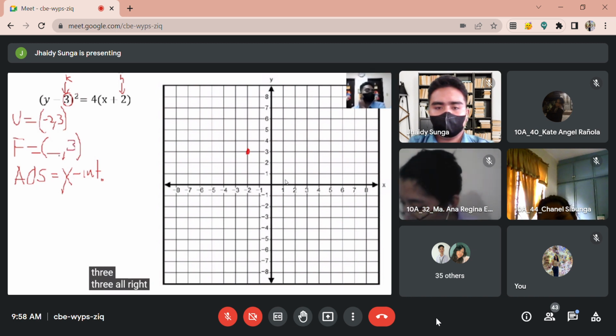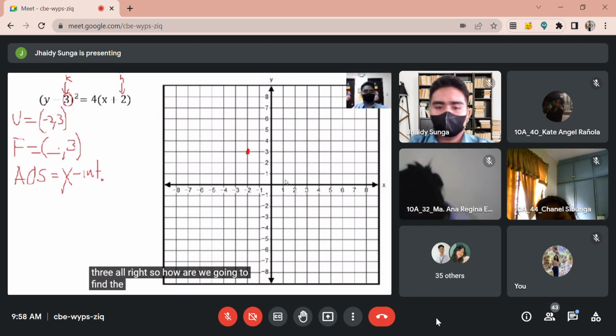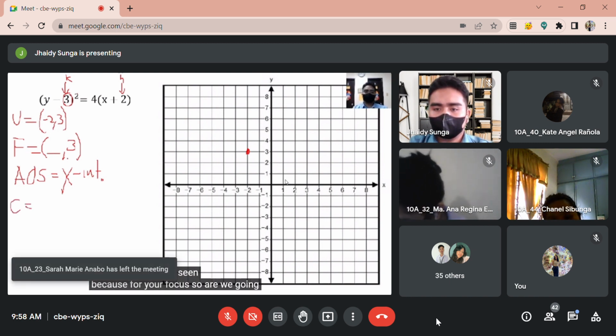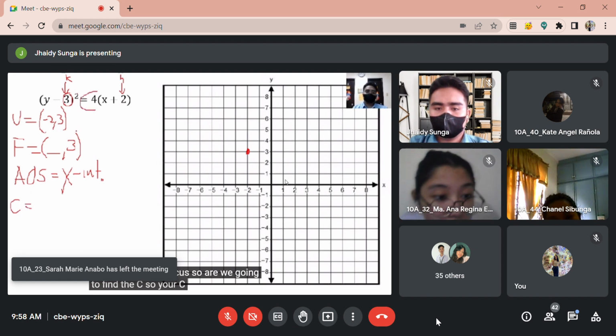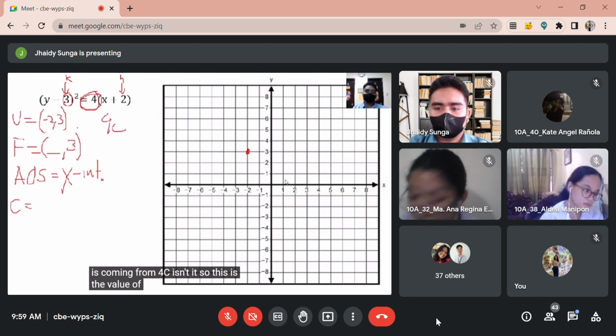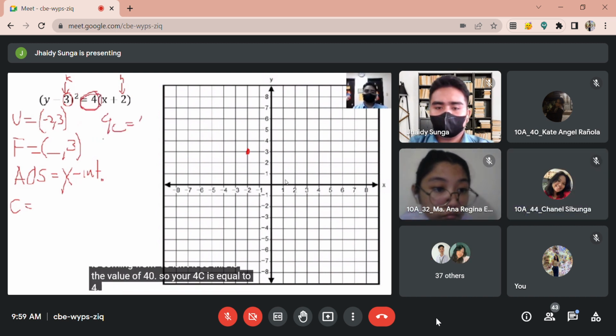So how are we going to find the value of c? Your c is coming from 4c. So your 4c is equal to 4.